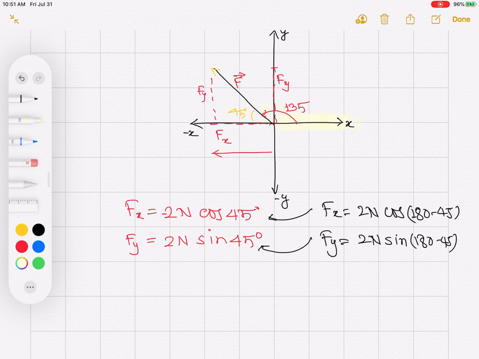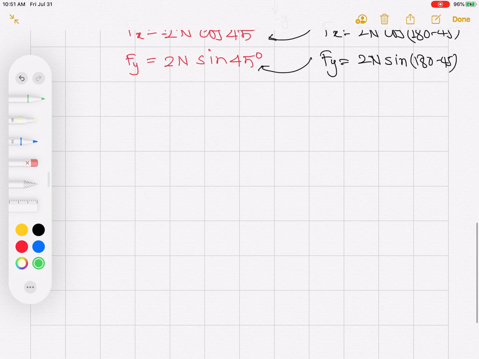If you consider the angle made with the positive x-axis, then you do not need to take care of the signs of the components, but if you just take the angle, then you need to take care of the signs of the components. Let me show you another example that might be helpful.